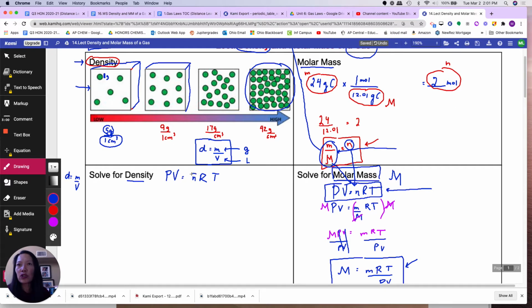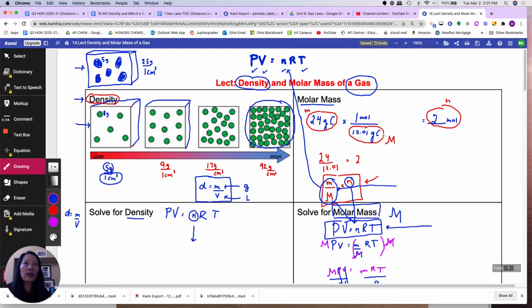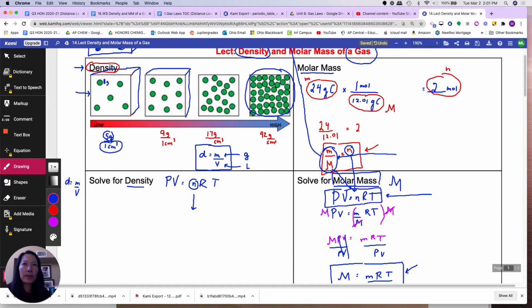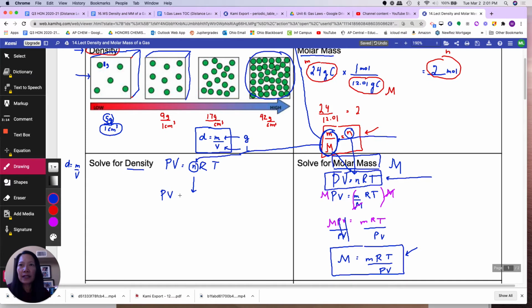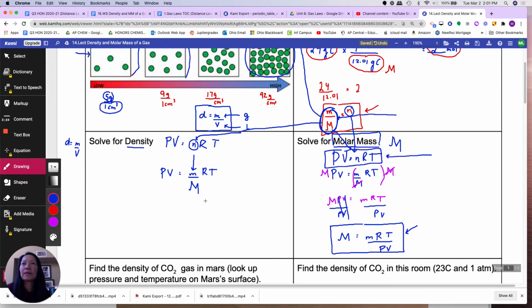So we have to change n into little m over big M, and substitute that inside there as well. So PV is equal to, little n is equal to m over big M, and then RT. Okay? Once you've substituted, that's the first step.